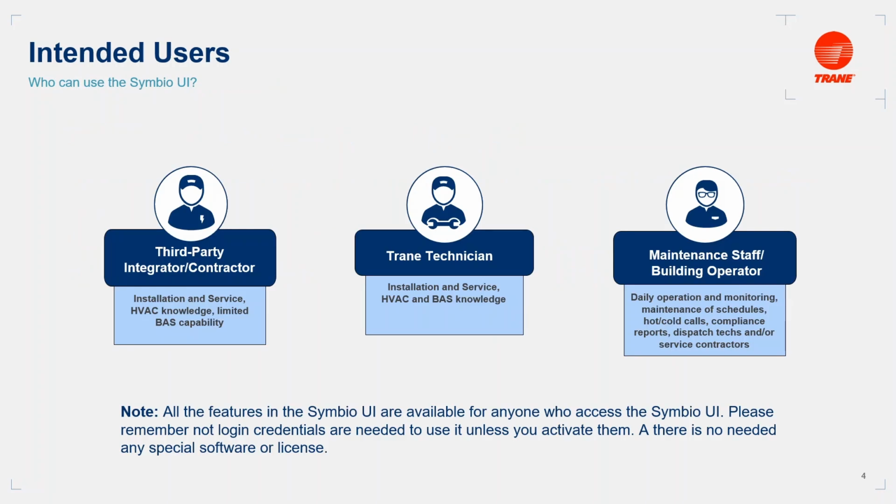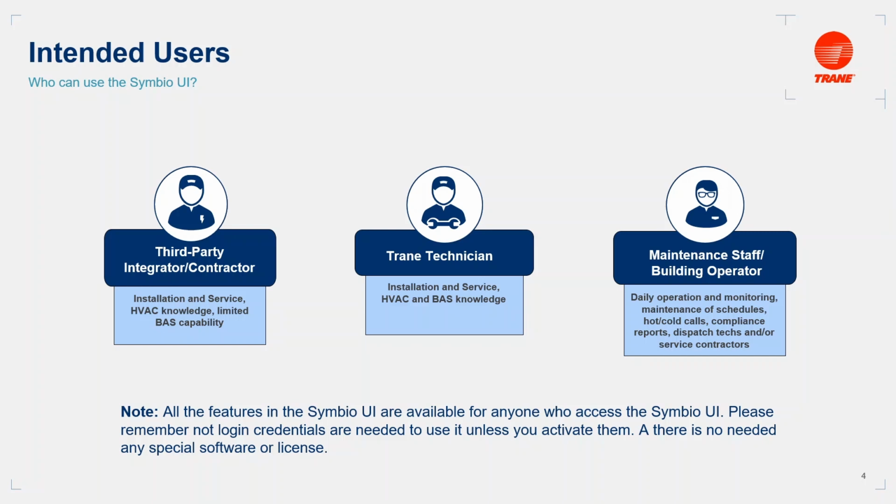Who can use the Symbio UI? The Symbio UI was primarily targeted for third-party integrators. However, this tool has been evolving, getting more and more useful features. Contractors can use this Symbio UI to configure basic equipment parameters.